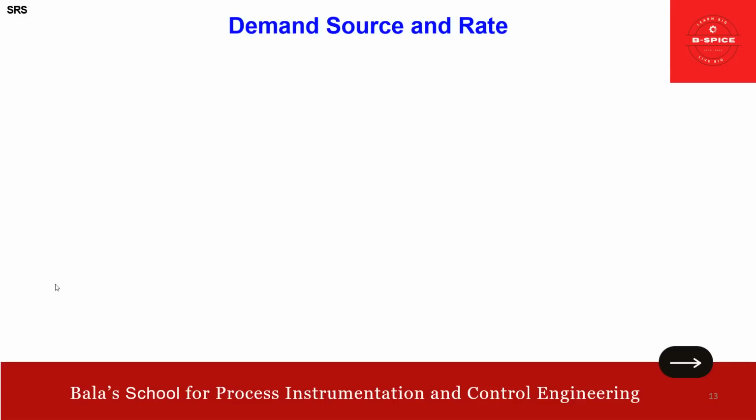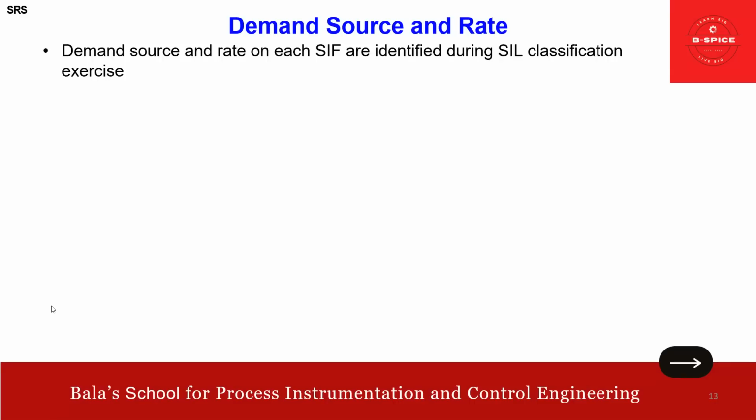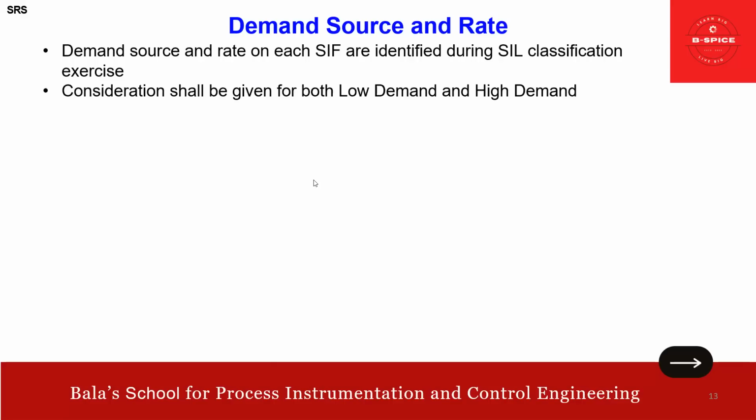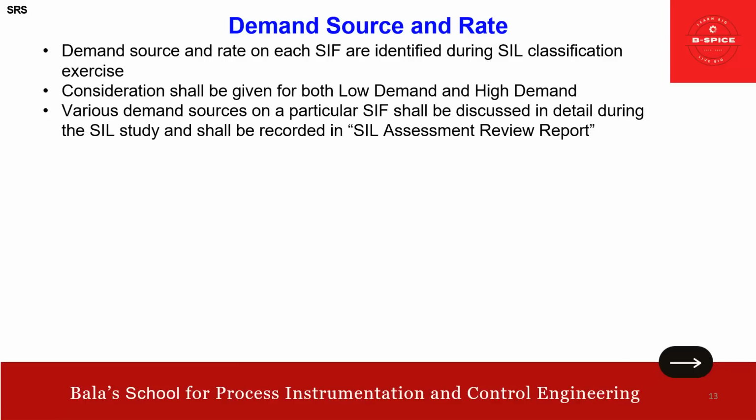Then the next is demand source and rate. This is a little bit different actually. Basically, the demand source and rate for each SIF are identified during the SIL classification exercise, meaning the LOPA exercise. In that case, we should consider both low demand and high demand.